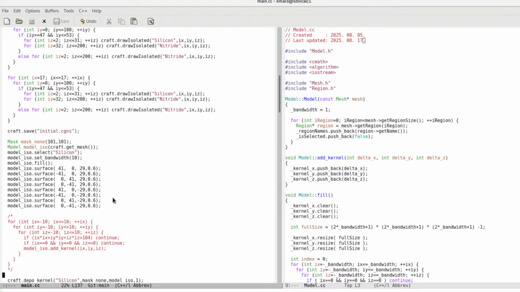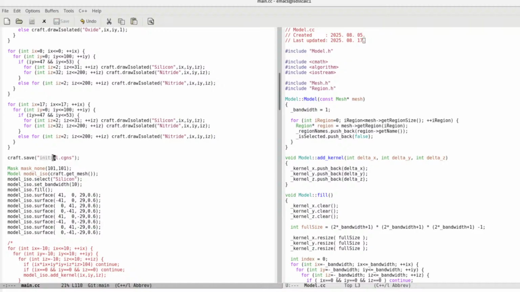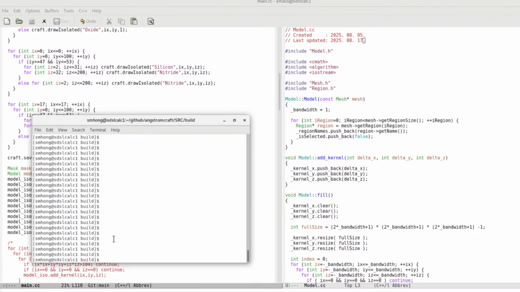So let's just start from our initial .cgns. This initial.cgns file is generated to mimic the very initial stage of our source drain epitaxy. So now let's just have a look at it.